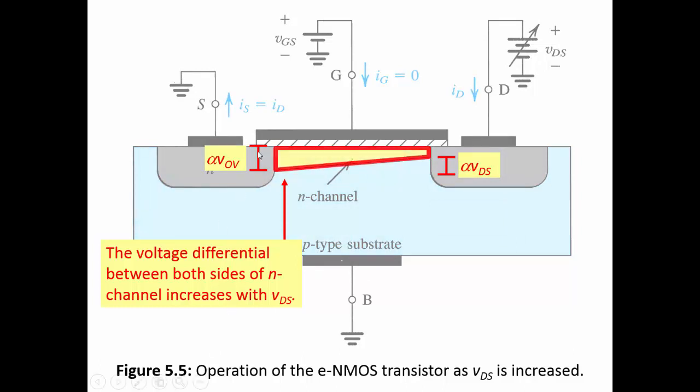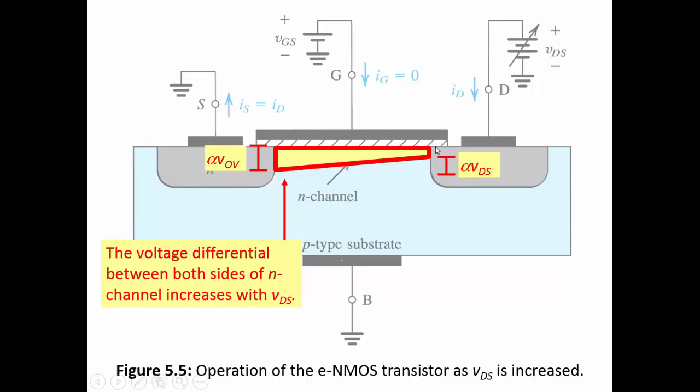Okay, so the depth of the channel, we've said already, is proportional to the overdrive voltage. Let's say that the source is grounded. Let's say VGS is equal to 2 volts, and so we have a channel of a particular depth here. Now let's say that the drain to source voltage is equal to 1 volt.